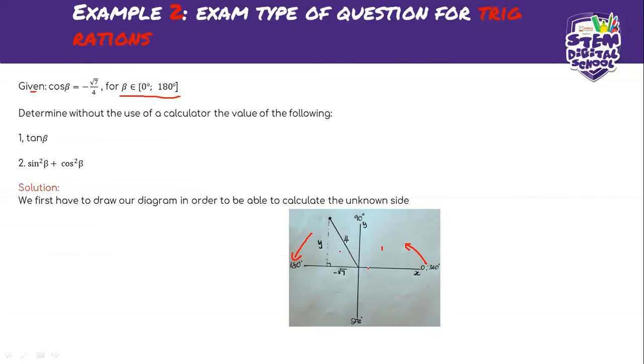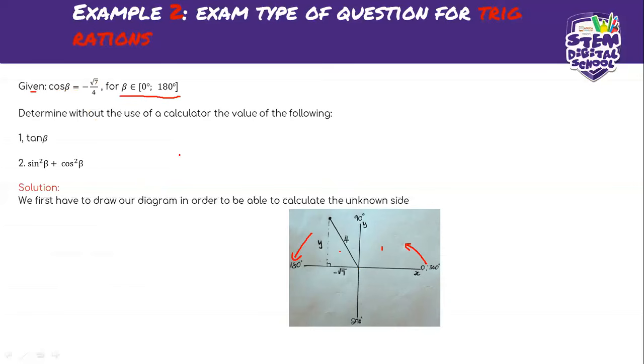How will you be able to see which quadrant to use? You come here. We have cos beta equals negative square root of 7 over 4. Now you should recall that the trig ratio of cos beta is equal to x over r.